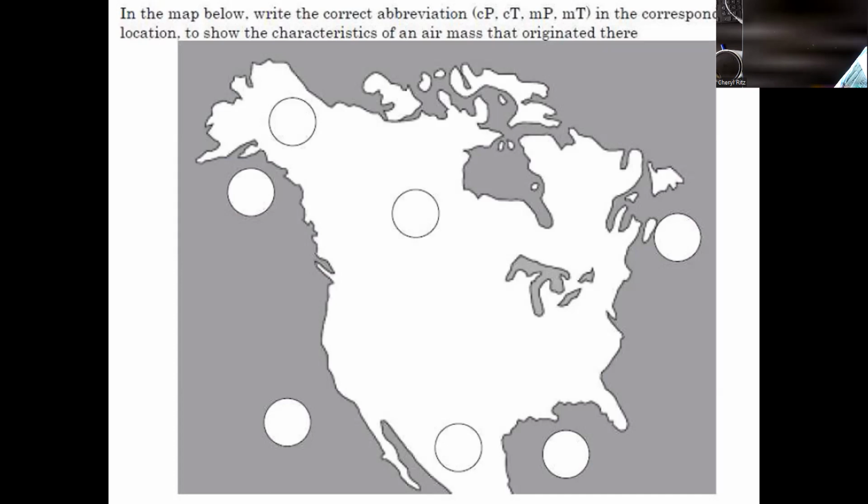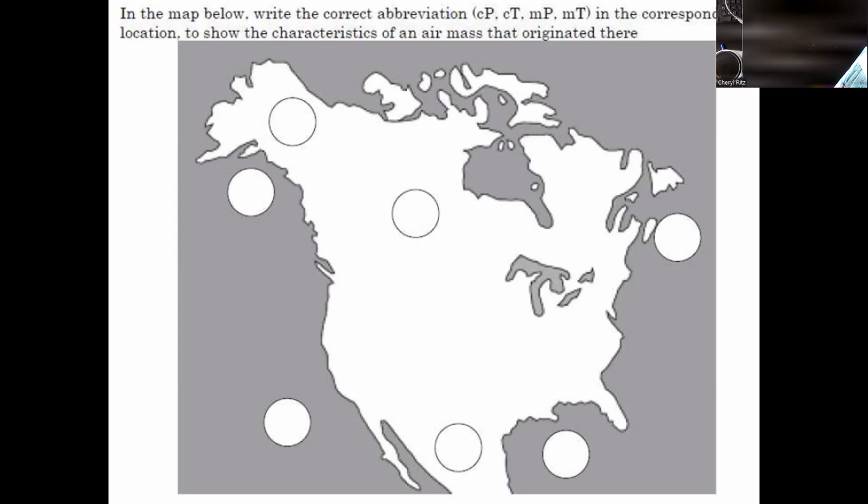All right, let's finish these off. We've got this one off the coast of Alaska. MP, perfect. And again, if that was to blow to Buffalo, what weather would we get? Wet and cold.